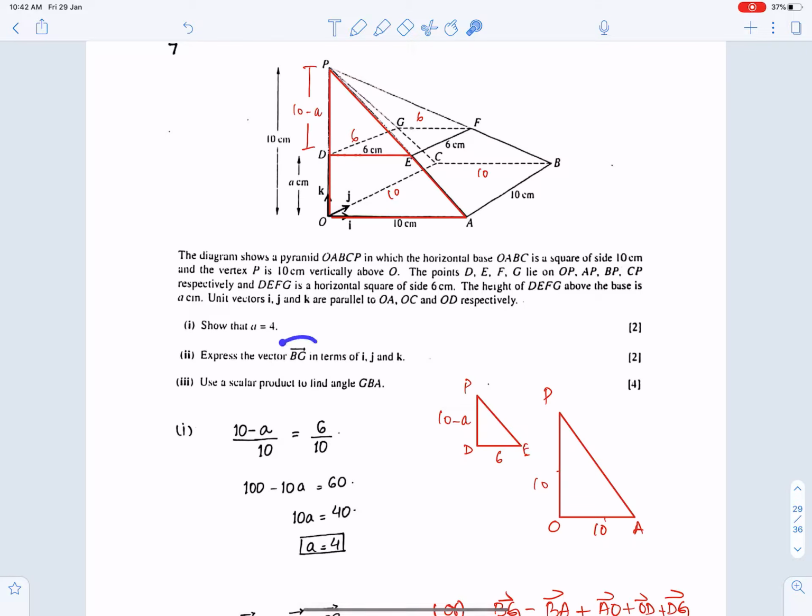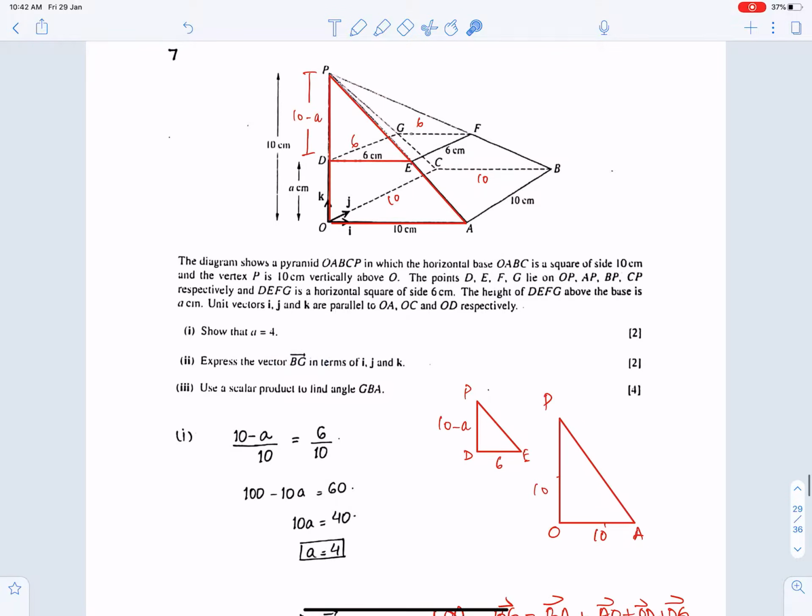Well, the second part, BG. How to find BG? This is so simple. You just need to make the way to get BG. So you need to start from B, like BA plus AO plus OD plus DG. This is the way you can get BG, right?